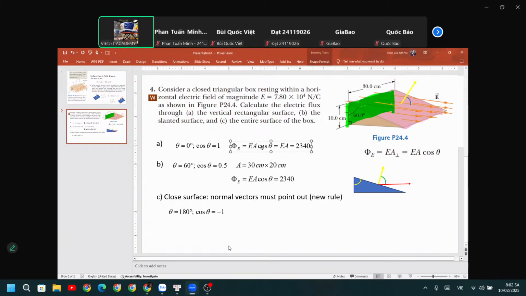Then the green surface now will have the flux of minus 2030, 340, right? Because now the normal vector is in the opposite direction.